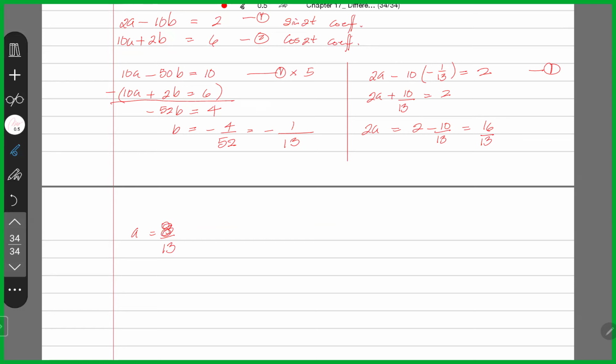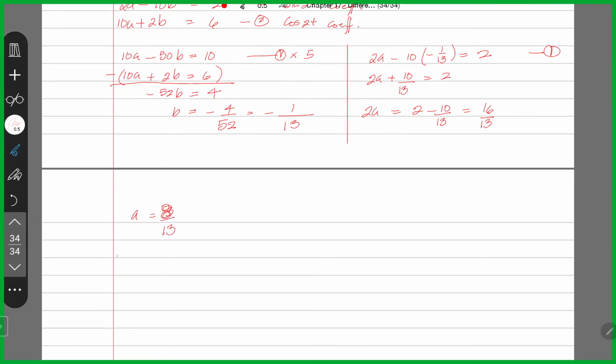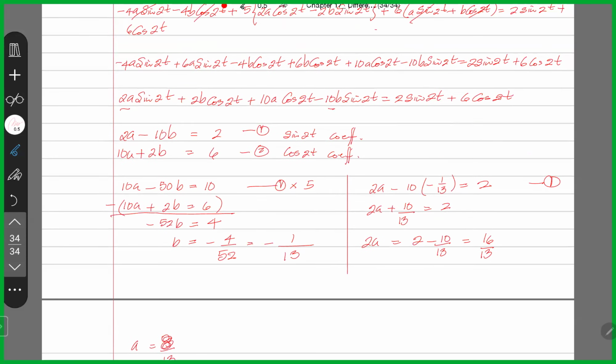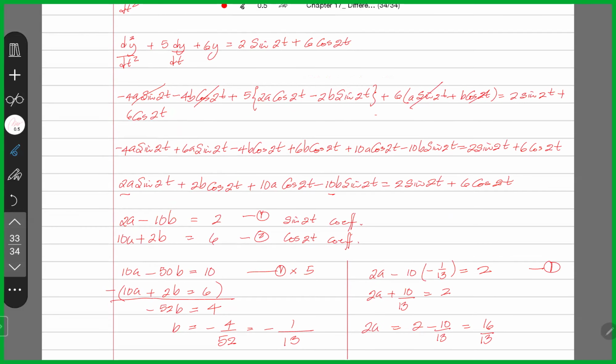So now that we have A and B, we could say that our general solution is, in terms of what?